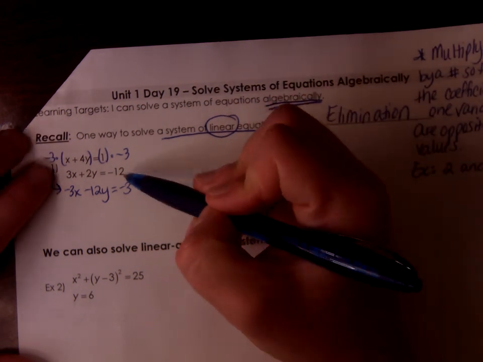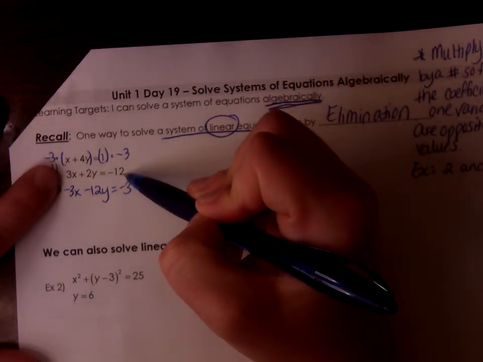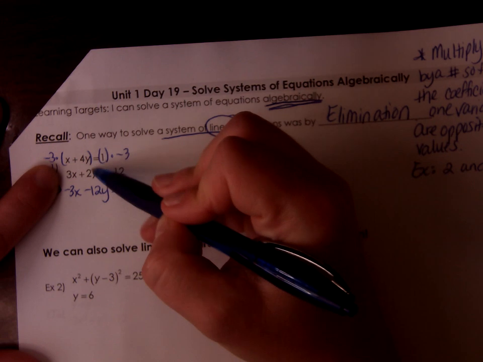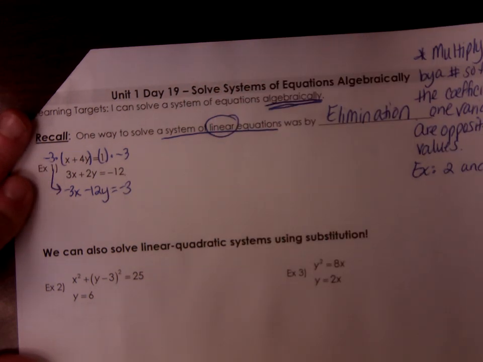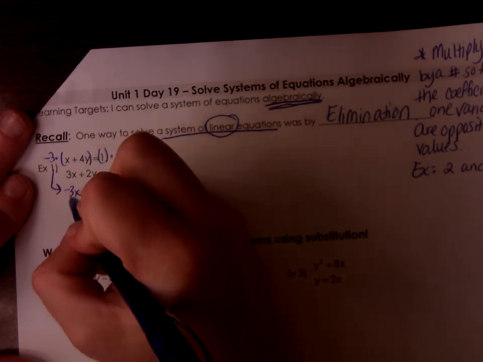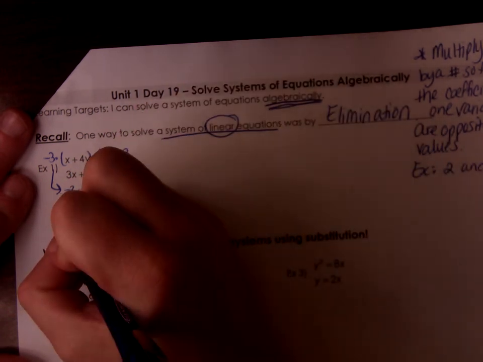You could have multiplied this bottom equation by negative 2 and eliminated the y's, and that would have been fine as well. You want to pick whichever variable or whichever set of coefficients are the easiest to work with. I personally think that the x's are easiest to work with.